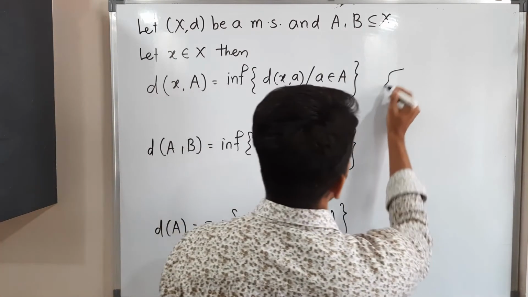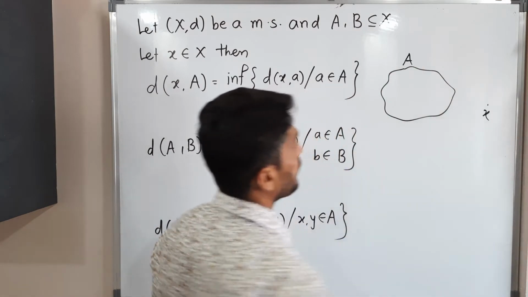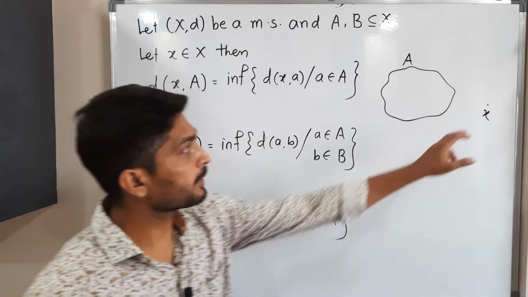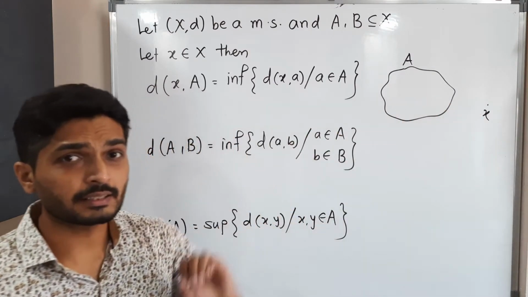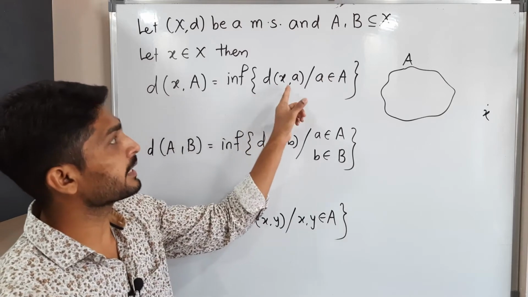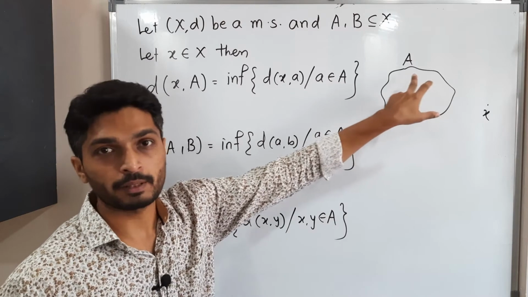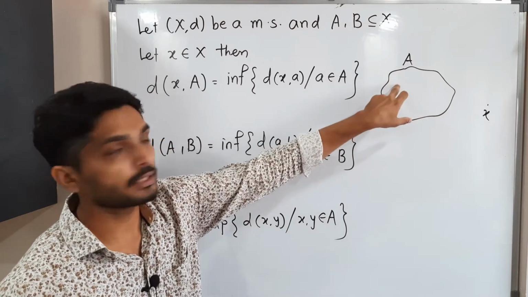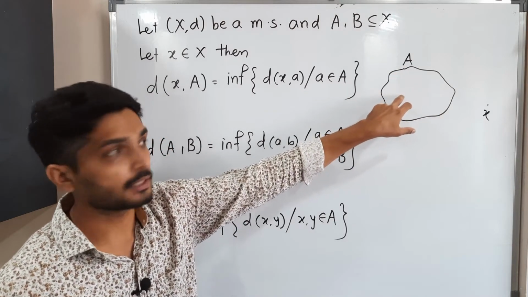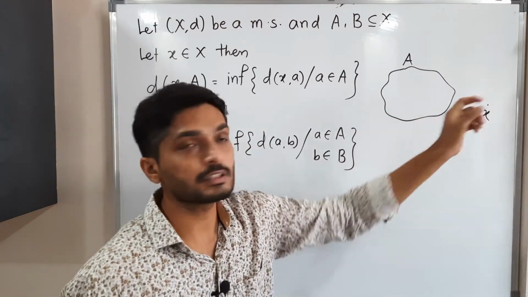See, first definition is of distance of a point from a set. That means suppose this is a set A and there is some point, and we have to find the distance of that point from set A. This is nothing but infimum of distance between x and a where a belongs to capital A. That means you can take any point from A, you can find a distance.